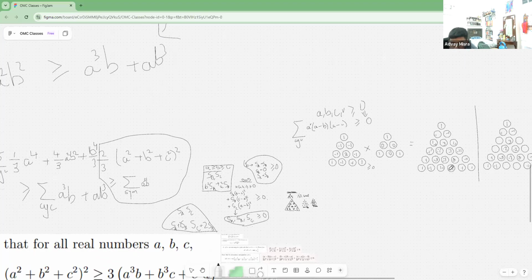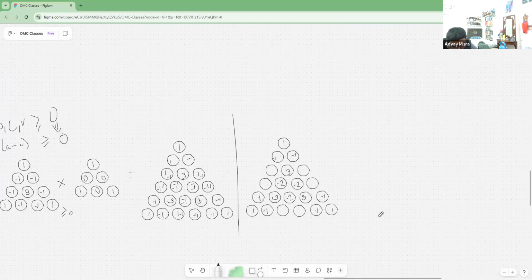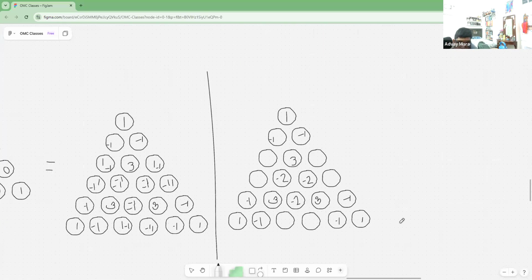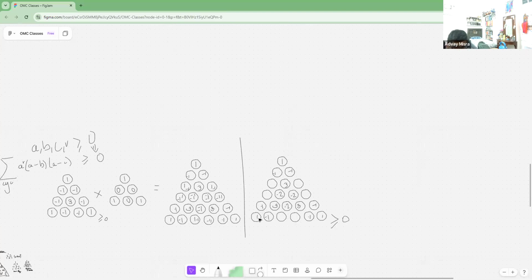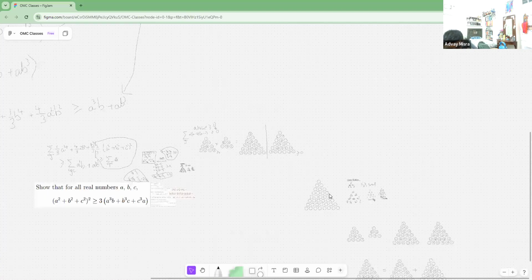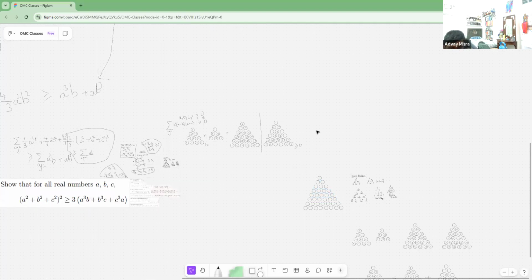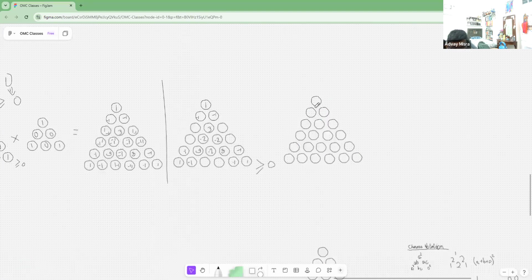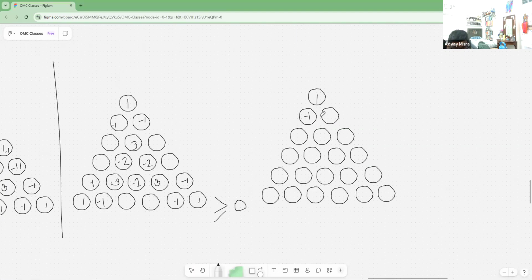So now let's try and prove that this is non-negative by writing it as a sum of stuff. Schur's inequality when written like this is essentially like this.